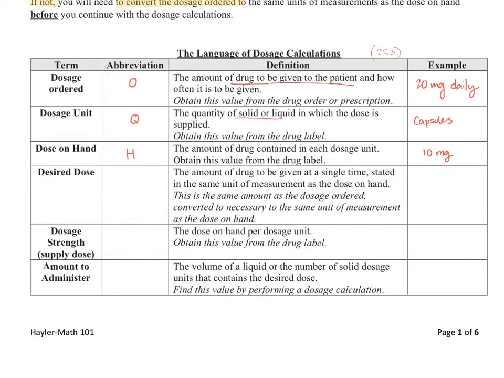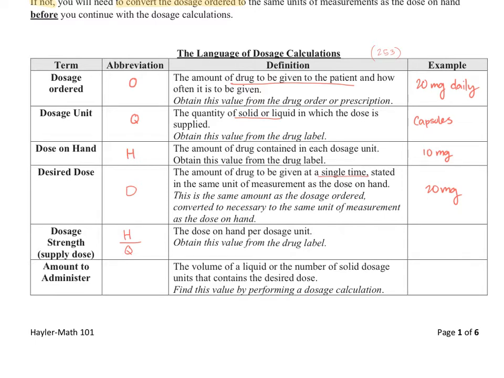All right, and the desired dose would be capital D. So the amount of drug to be given at a single time. All right, so each time you take it, this would be your capital D. An example of this would be maybe 20 mg for each dose. And then after that, we have dosage strength of the supply dose, which is H divided by Q. So it's the dose on hand per dosage unit.